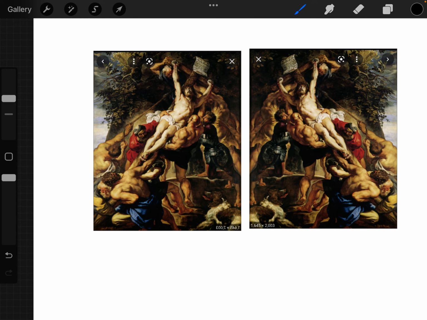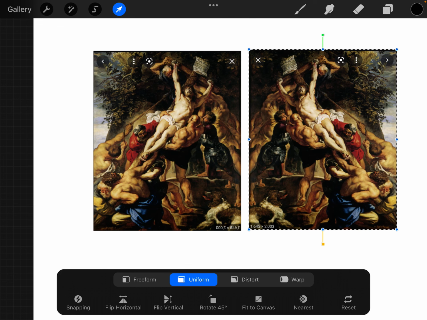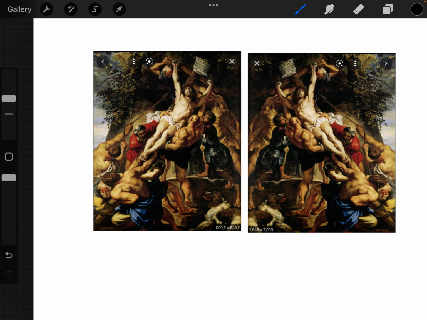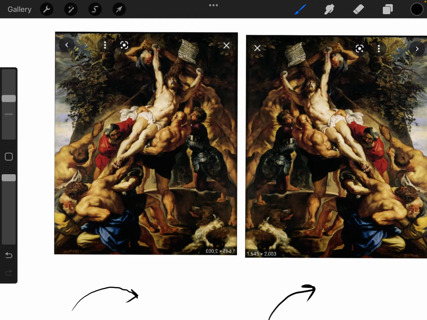Which of these two pictures does it look like Jesus is being pulled up, the left one or the right one? Well, I will tell you it's going to be the right one, right? On the right one, it looks like they're trying to bring him up, whereas on this one, it looks like they're trying to bring him down.